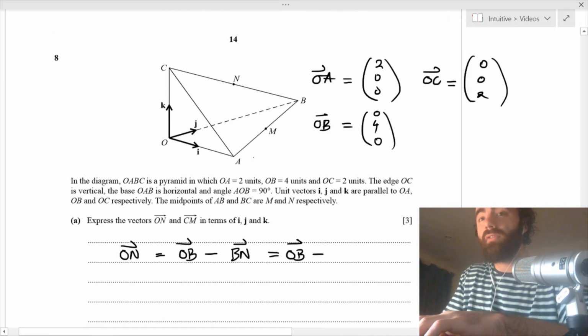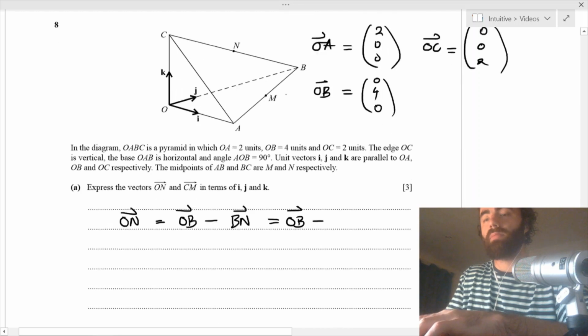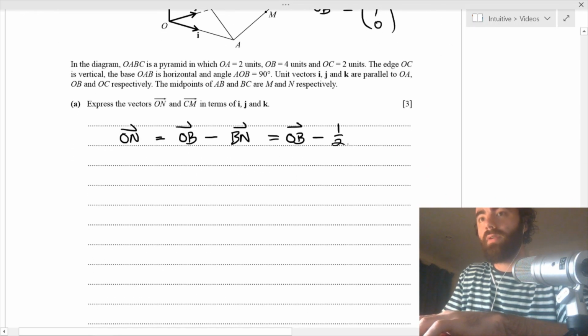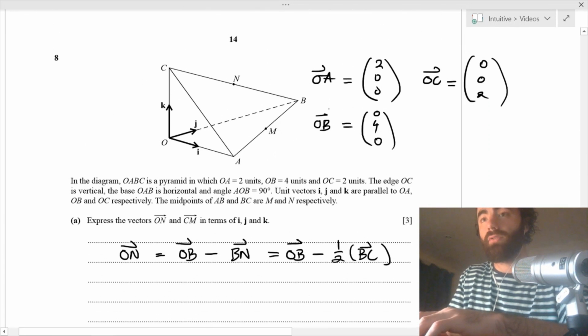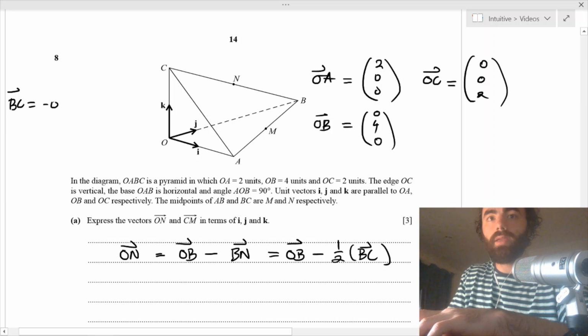BN is half of BC, right? Because N is the midpoint of BC. And what is the vector BC in terms of OA, OC, and OB, because that's IJK? BC is just minus OB plus OC, or OC minus OB.